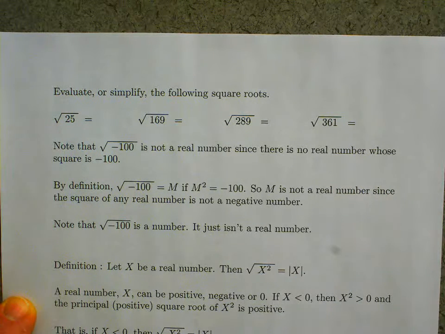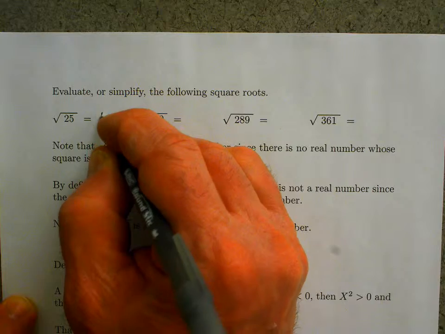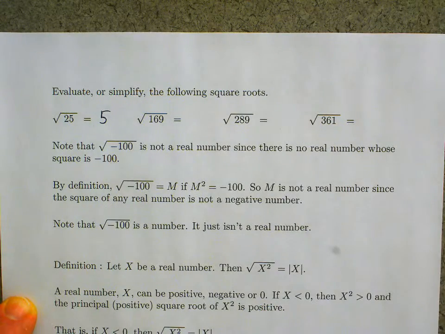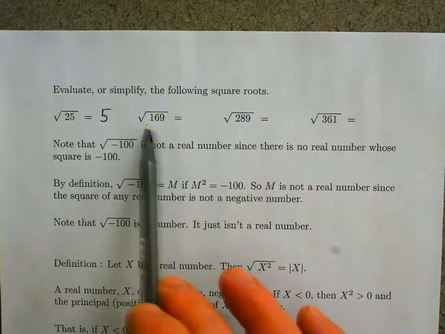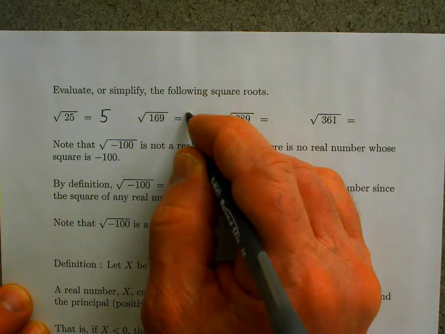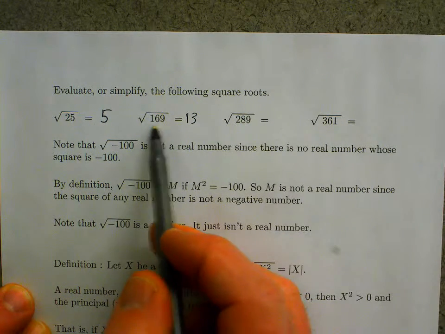The square root of 25 is equal to the number that you would have to square to get 25. So the square root of 25 is 5, because 5 to the second power equals 25. The square root of 169, yeah, that's 13, because 13 to the second power equals 169.